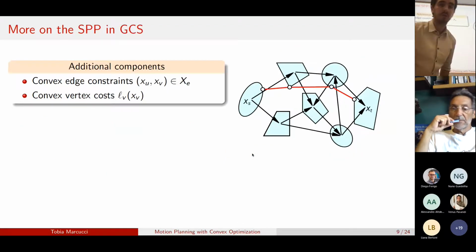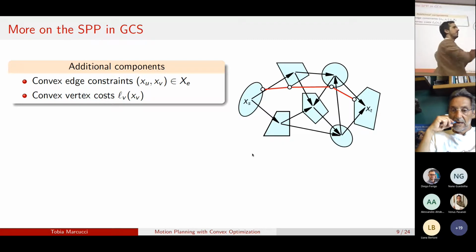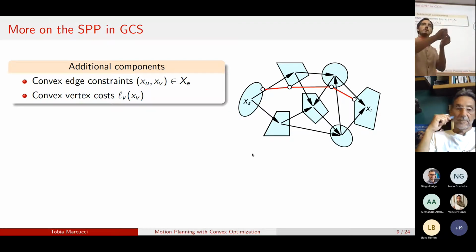Okay, so a couple of comments on this problem formulation. It can be generalized a bit in the sense that we can have other sorts of constraints in the problem framework I just described. For example, we can add convex constraints on the relative position of the vertices that are linked by an edge. For example, we can ask this point and this point over here to be paired by a convex constraint.